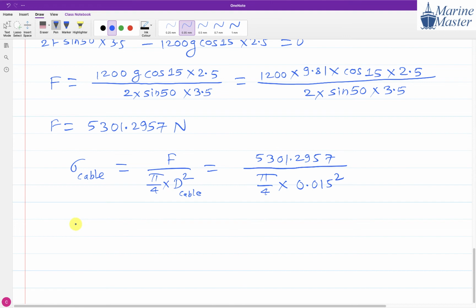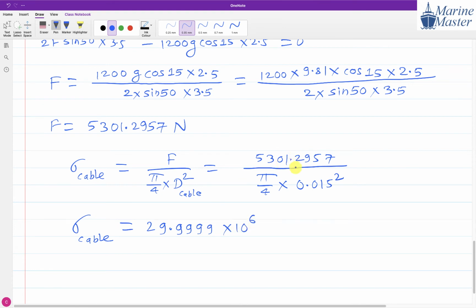Here we will get the stress in the cable. If you put the values and after getting the value, what you have to do? Press the ENG button. We will get 29.9999 something like that into 10 raised to the power 6.